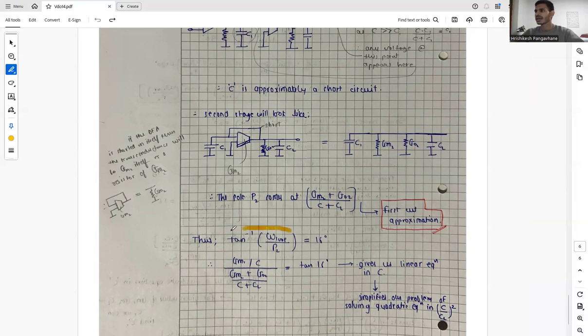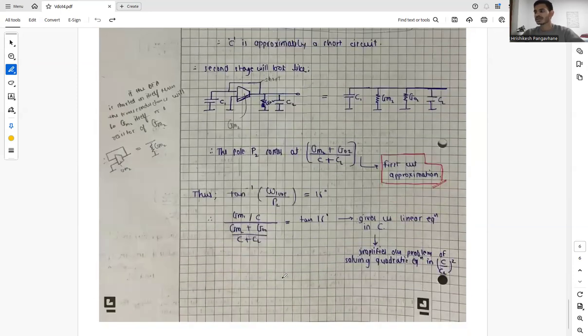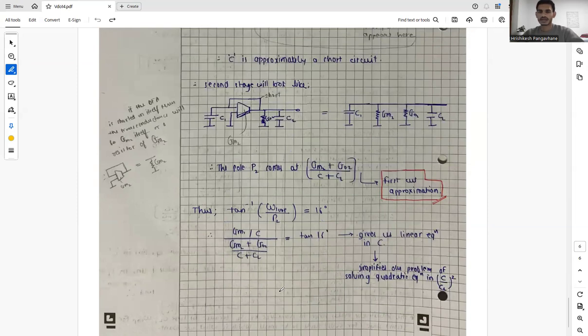And thus, tan inverse of omega loop by P2 was 16 degrees. We can say from our intuition that this equals 16 degrees, which gives us a linear equation in C, and which simplifies our problem of solving the quadratic equation in C by CL squared. So this is how we solved the problem of a complicated quadratic equation by simply considering an intuitive case.